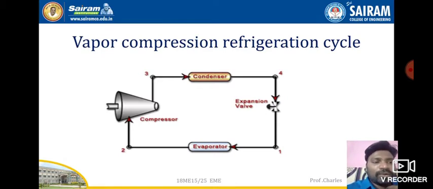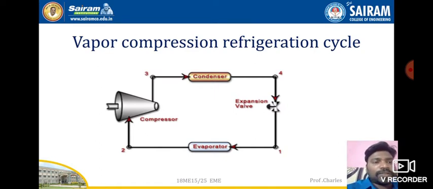Air can be taken as a coolant, or water can be taken as a coolant. It depends on the requirement whether you go for air cooled or water cooled. So the main function of the condenser is to condense the fluid.